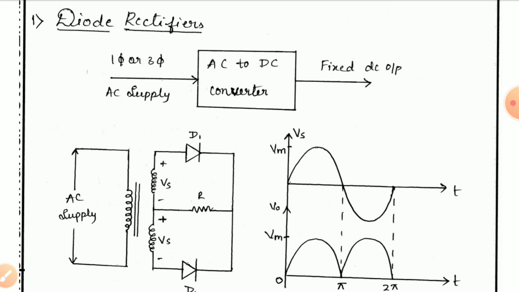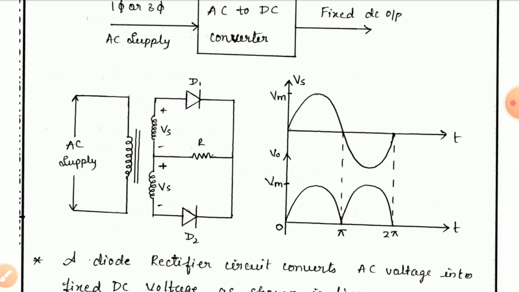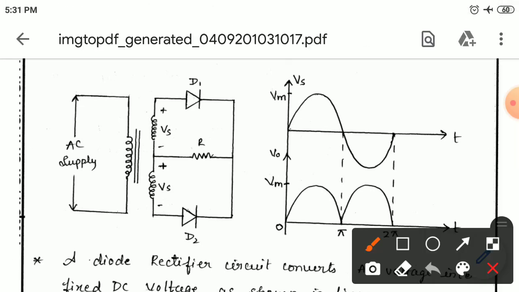Here we have a circuit consisting of an AC supply and a center tapped transformer, which is connected to two diodes, D1 and D2. When the supply is given, in the first half cycle the anode of diode D1 receives the positive polarity and the anode of diode D2 receives the negative polarity.